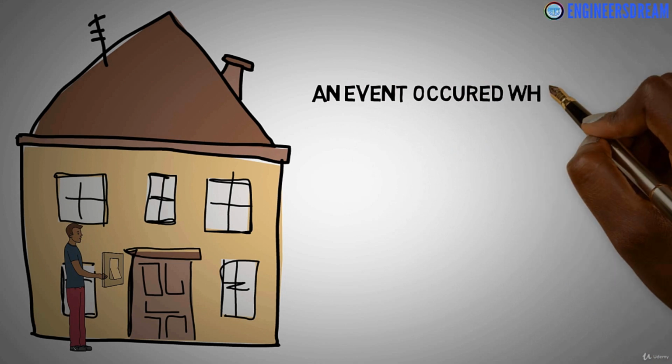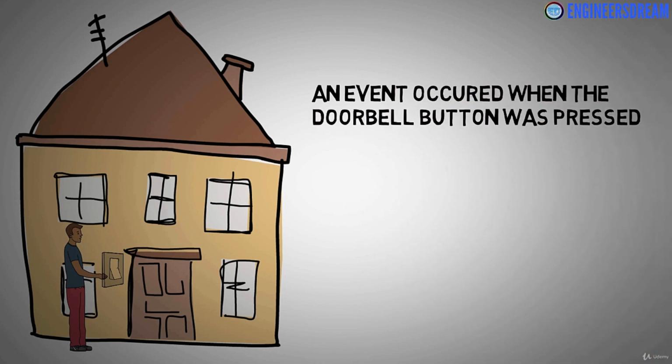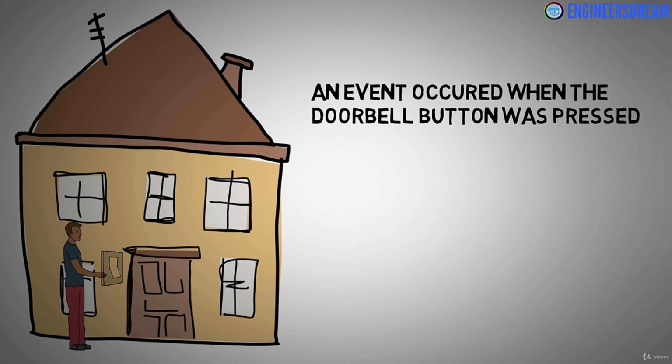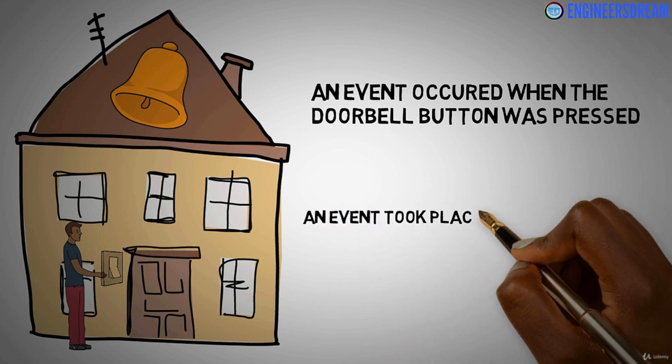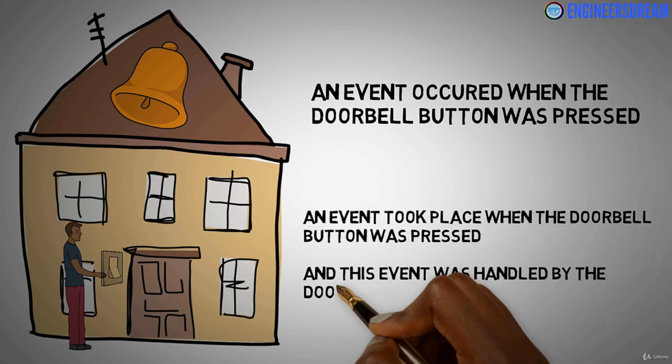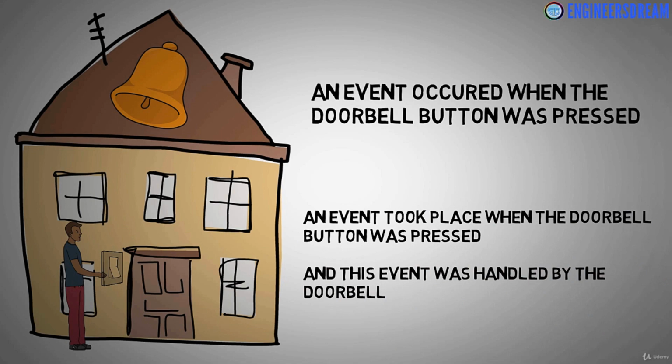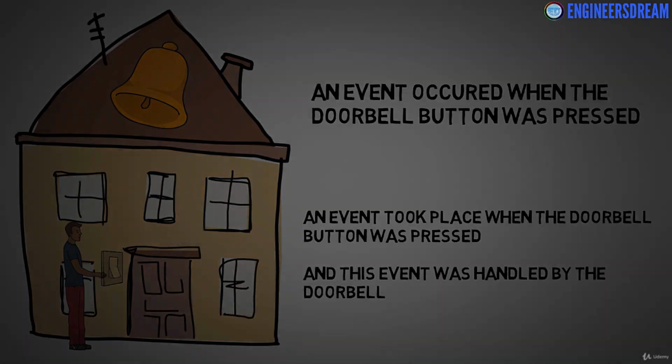Now, once he presses the doorbell button, we can say that an event has occurred. The event of button press will be handled by the doorbell inside the house, and this doorbell will make a sound to notify the people inside the house that someone has pressed the doorbell button. So an event took place when the doorbell button was pressed, and this event was handled by the doorbell itself.